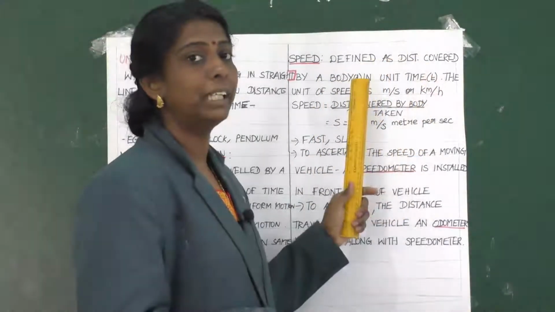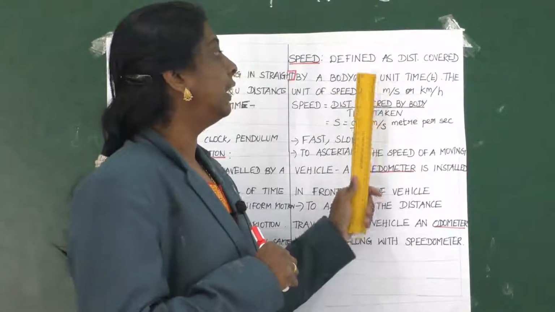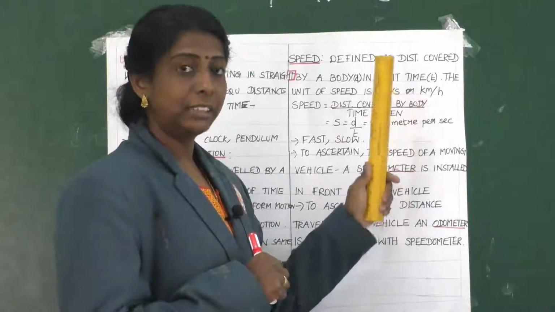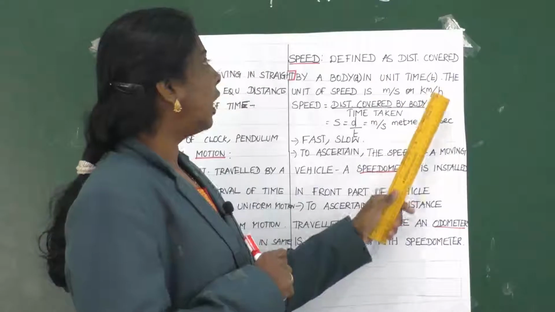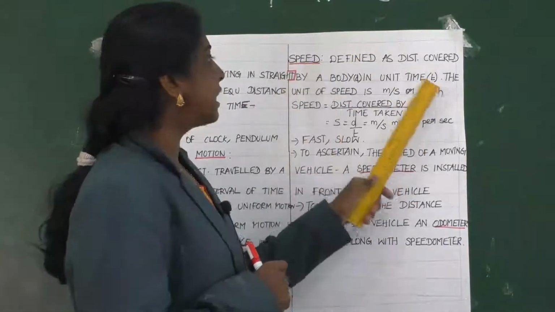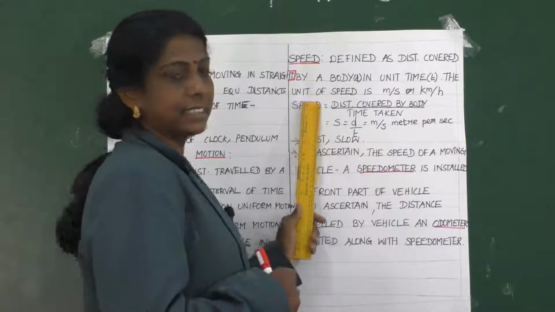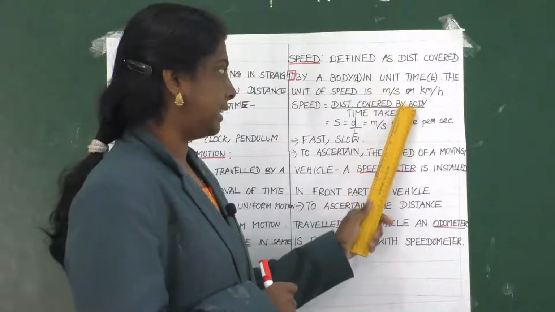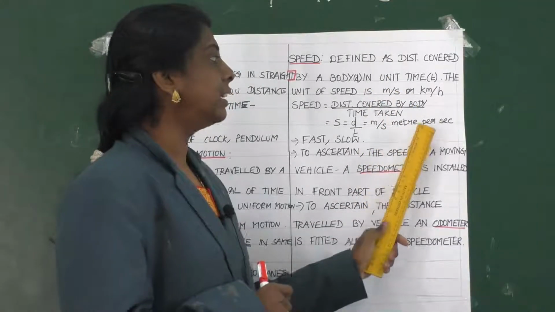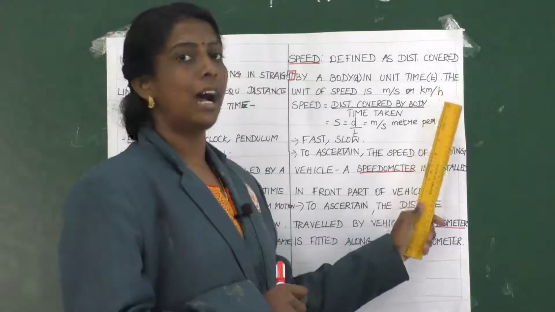Distance is denoted by the letter d, small letter d, in unit time. Time is denoted by the letter t. Okay. Now, speed is defined as the distance covered by a body in unit time. The unit of speed is m/s, that is meter per second, or kilometer per hour.